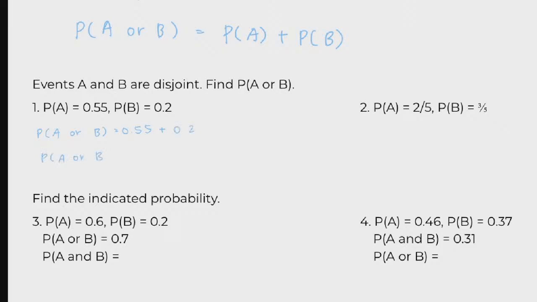So probability of A or B is going to be 0.75. Next, we have probability of A is 2/5 and probability of B is 3/5. So again, we can just plug that into the equation, and that'll be 2/5 plus 3/5, which is 1.